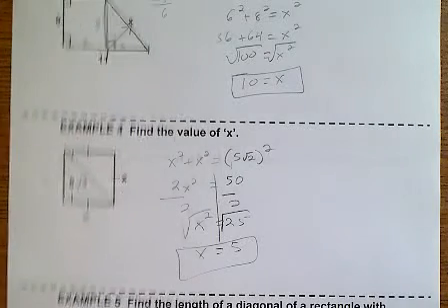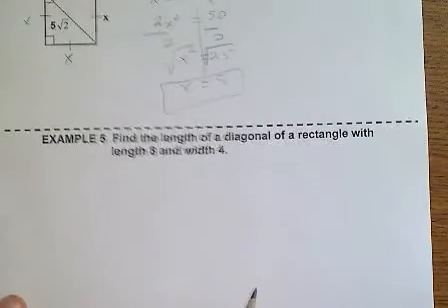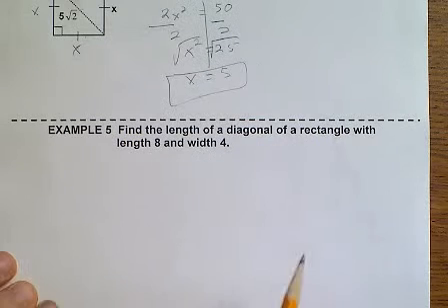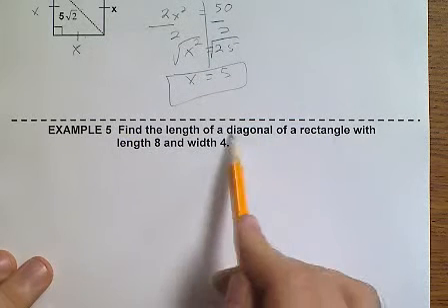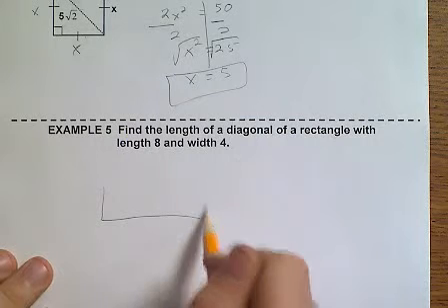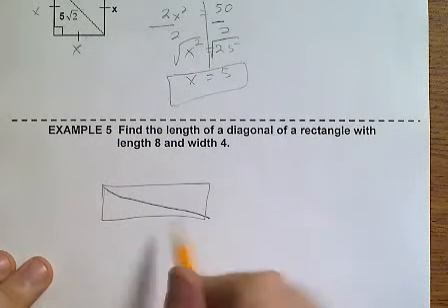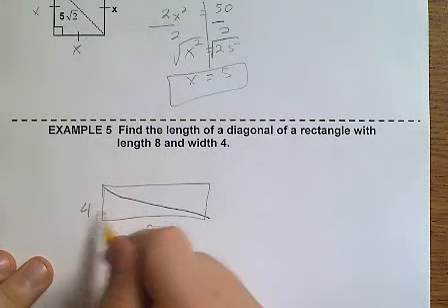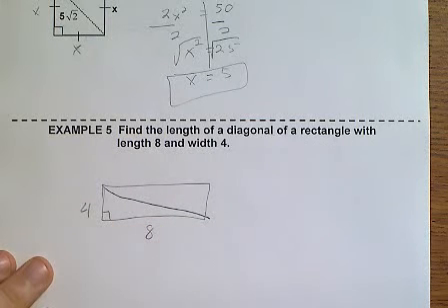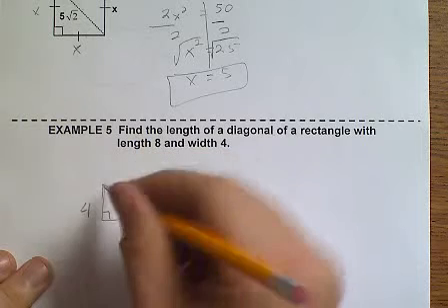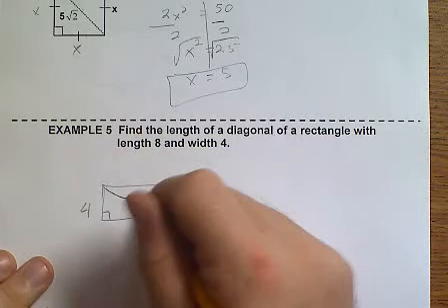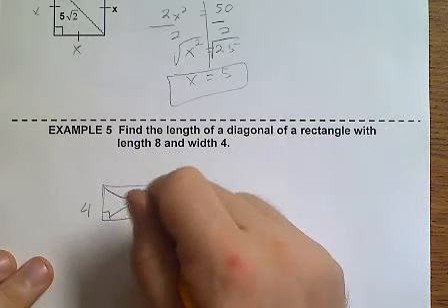Now for example number 5, we're going to need to draw our own picture. It says find the length of the diagonal of a rectangle with a length of 8 and a width of 4. Well, this is just a right triangle where that's my hypotenuse.